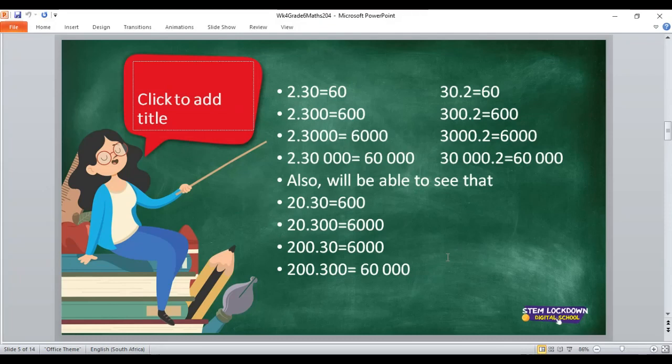Also, you will be able to see that 20 multiplied by 30. Now, these are your tens. We started with a 2, and now we are going to our tens. So if you know 2 multiplied by 30 is 60, you can easily pick up also that 20 multiplied by 30 equals 600.